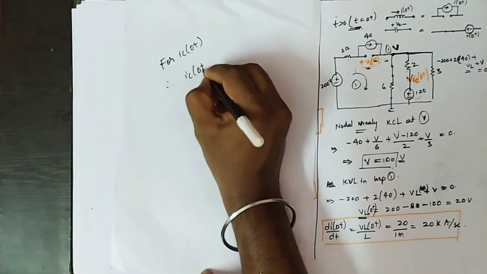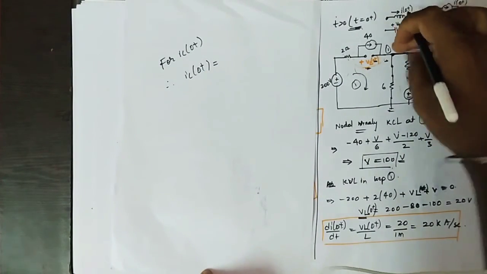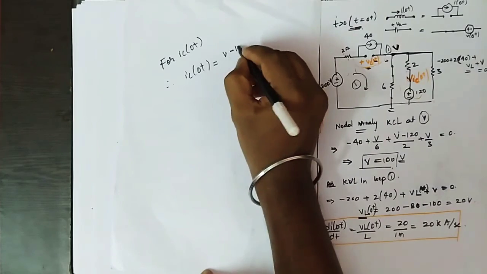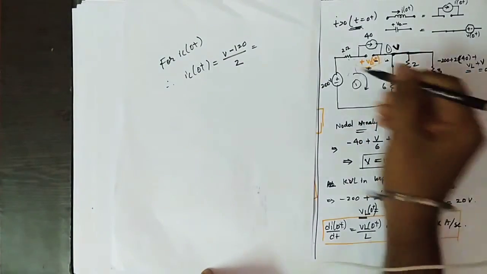IC of 0 plus equal to voltage across this total branch. So V minus 120 by 2. So we have V equal to what? 100.